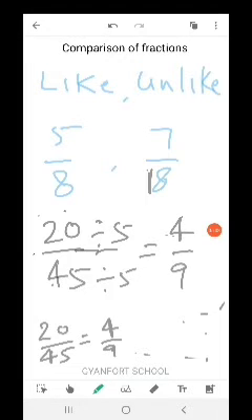These are equivalent fractions. And in the same way, can you divide with some other number? Yes, easily. If you take some other fraction and divide the numerator and denominator by the same number, you'll get an equivalent fraction.